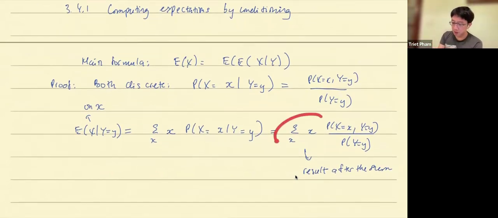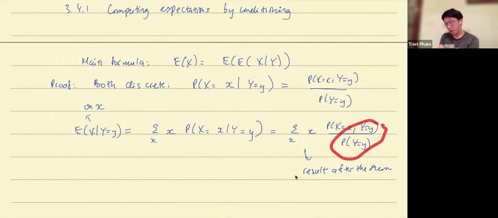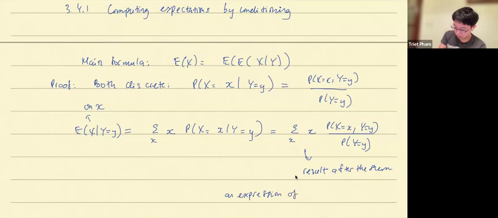You sum over the x's, so the x disappears. The only thing that remains should be y. So it's going to be an expression of y.